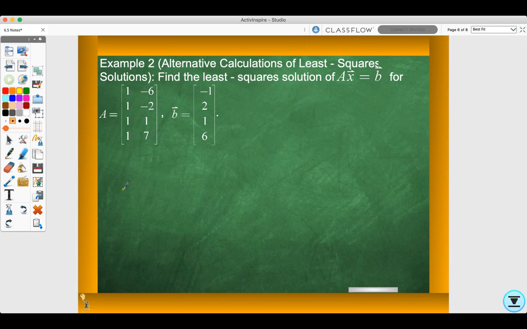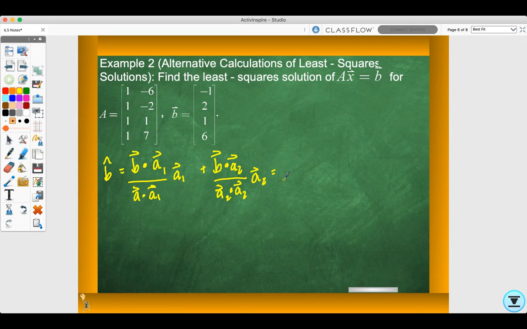Because the columns of A are orthogonal, the orthogonal projection of b onto Col A is given by b hat, which would be b dot A1 over A1 dot A1 times A1 plus b dot A2 over A2 dot A2 times A2.